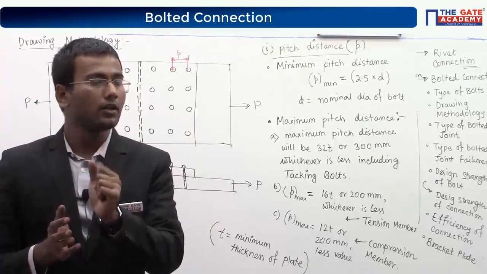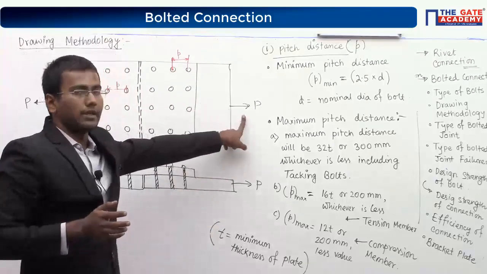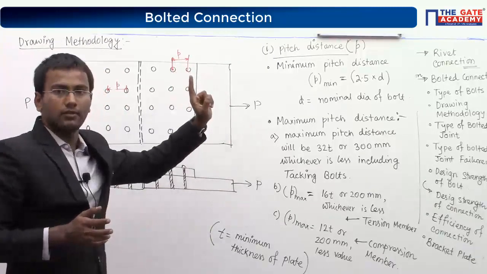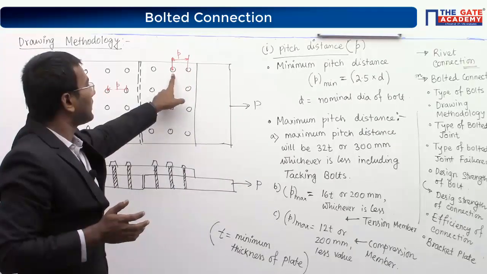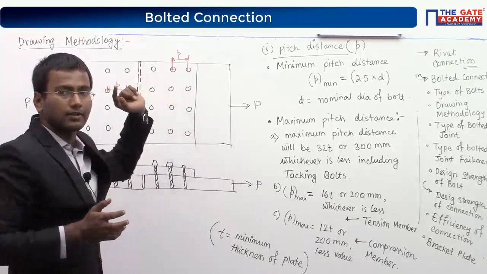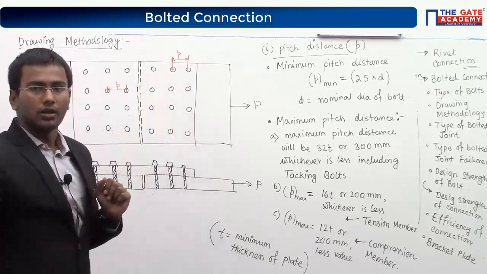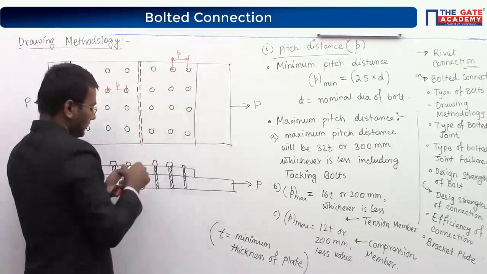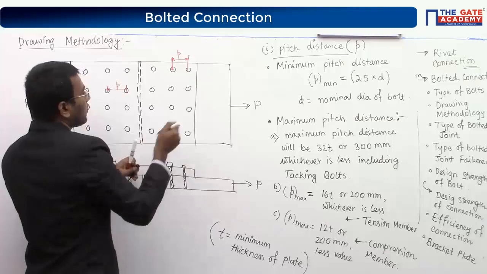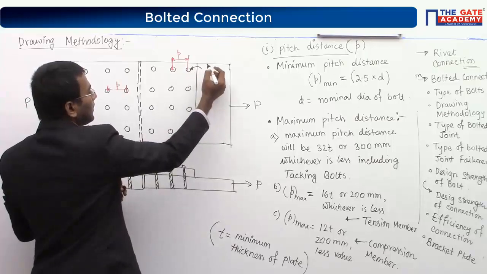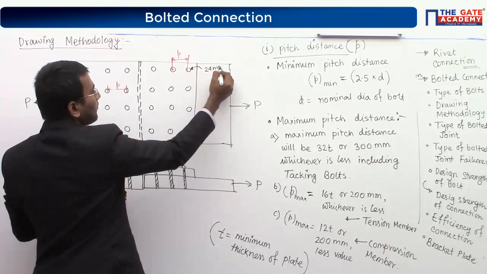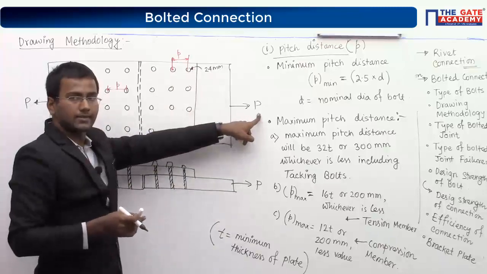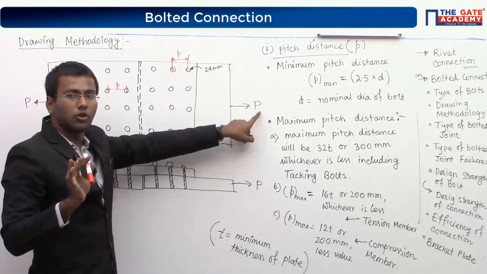If we apply load P, this rivet has some strength, right? Same for this rivet. Now what happens? Just assume you have provided a 24 mm diameter bolt or 32 mm diameter bolt, and your load is very less, just for a reason I'm assuming your load is less.